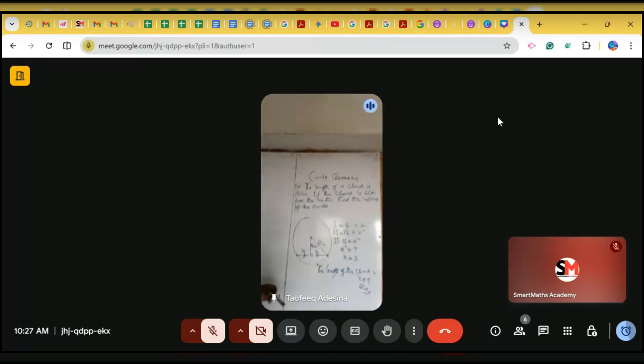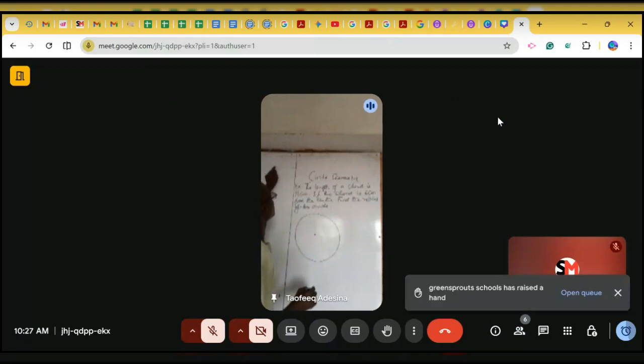Yes, another example. Let me assume my center. So the length of a chord is 16 centimeters.